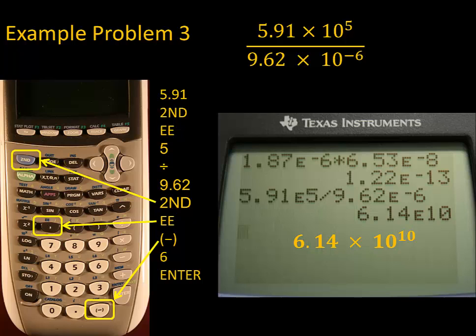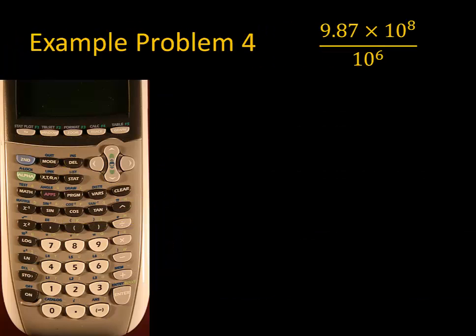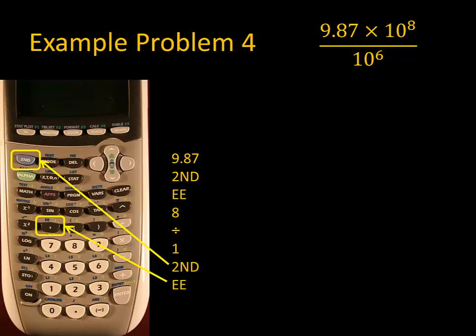Let's do another one. On this one, you might pause the playback and try this problem out on your own, then I'll work on it. The keystrokes for this calculation are 9.87, 2nd, EE, 8, divided by 1, 2nd, EE 6.